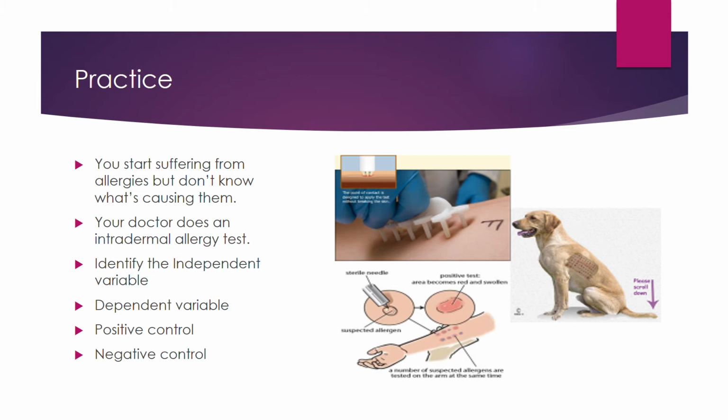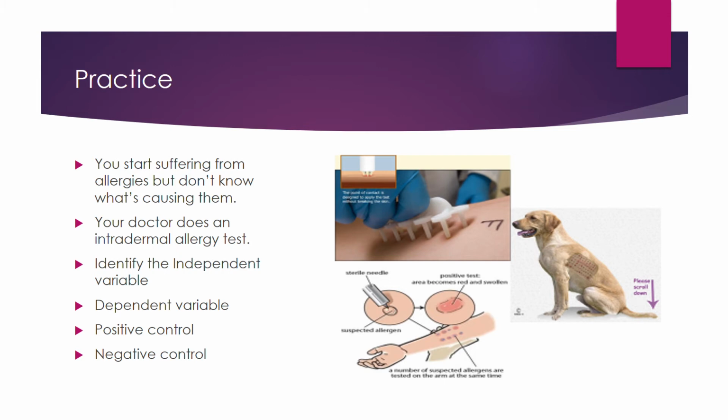And what they're going to look for is if you get a red, itchy, raised bump under the needle. That would be a positive test result. So different allergens might include things like pollen or pet dander or peanut oil, any of the things people could be allergic to.